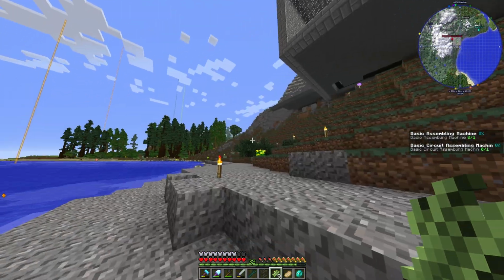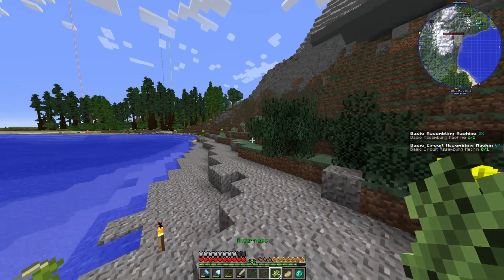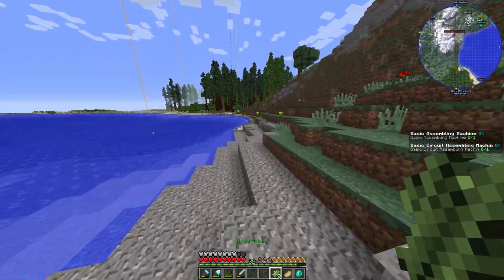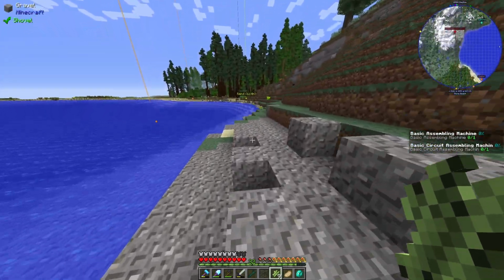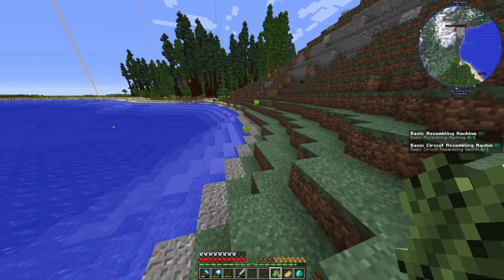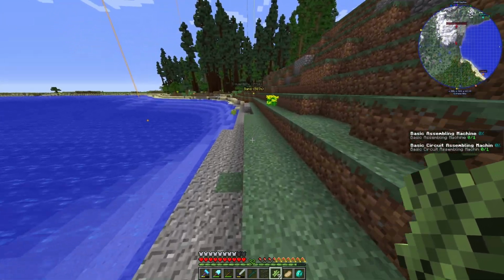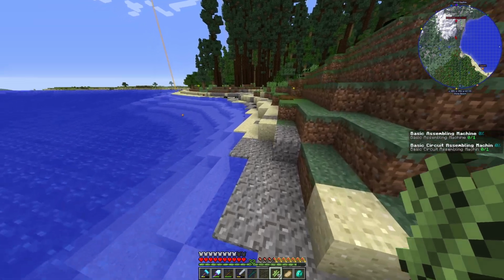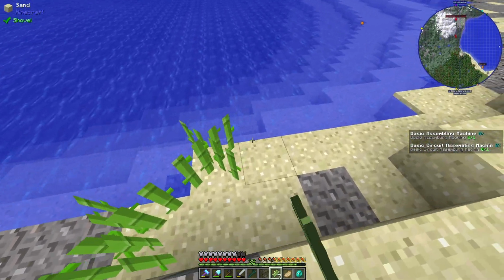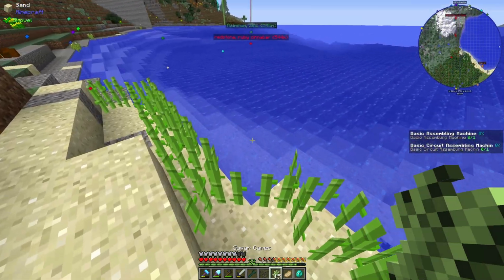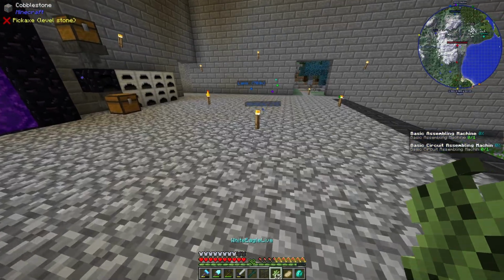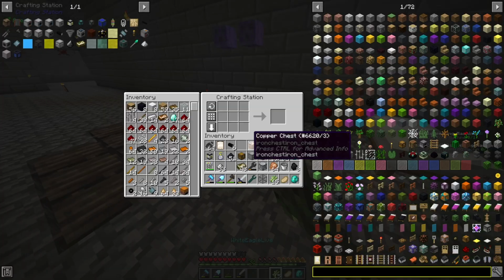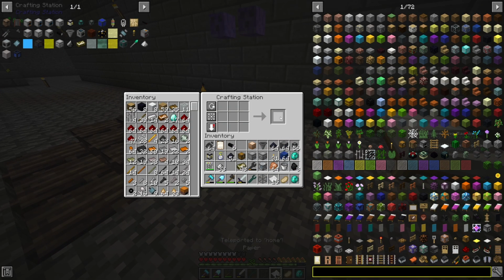Haven't figured out what I want to do at the bottom of this either. Could do another floor. We'll see. But let's just put these over on this sand. All right. And we can turn this into paper, make ourselves some more filters. Hopefully.